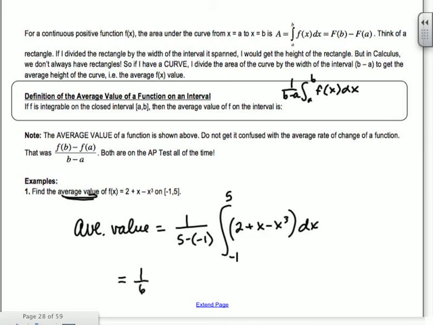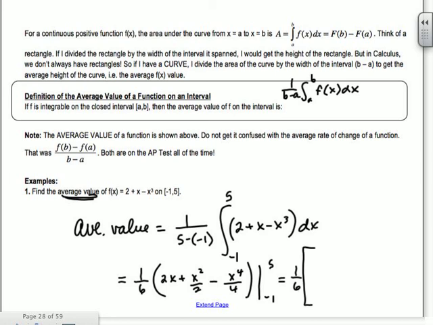So it's 1/6 times 2x plus x squared over 2 minus x to the 4th over 4. Notice how I'm just writing it over 2 and over 4. Those are 1/2 out front and 1/4 out front, same thing. I'll write it different ways. And then we're going from negative 1 to 5.